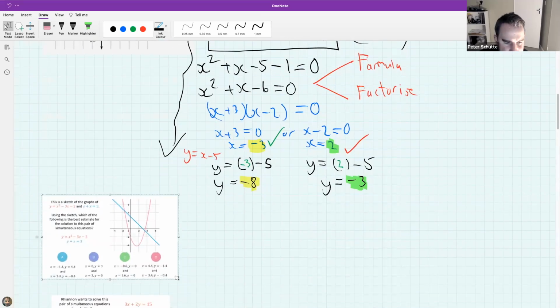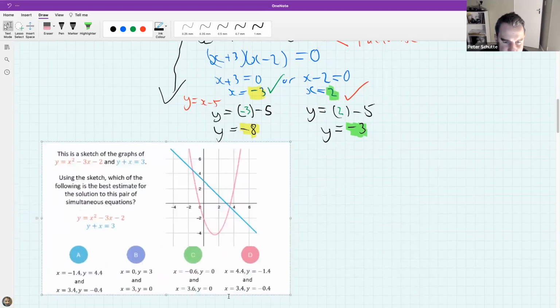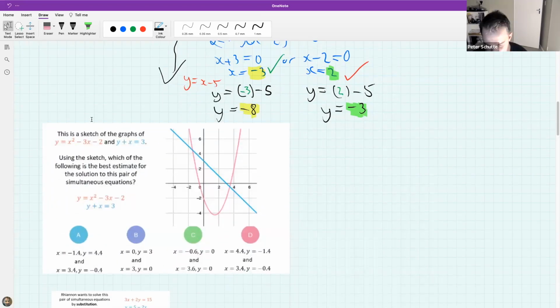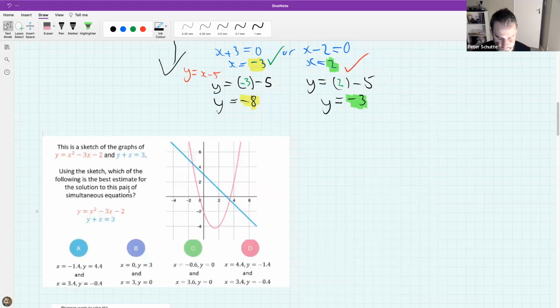Let's go and do another multiple choice question. I know not everyone's there yet, but let's have a quick look at a similar type of question from before. So here is your question. It says, this is a sketch of the graphs y equals x squared minus 3x minus 2 and y plus x is 3.